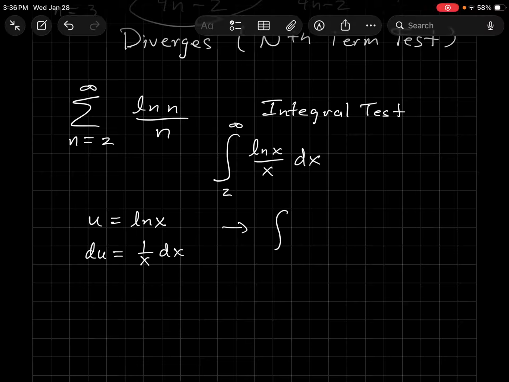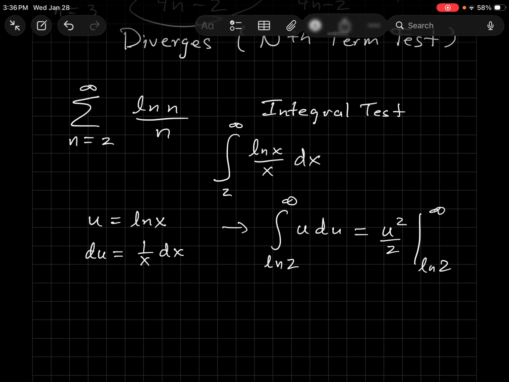And then my integral will be u du, from, I guess, the natural log of 2. If x is 2, u is the natural log of 2. If x is infinity, u is the natural log of infinity, which is still infinity. And then I would get u squared over 2 from the natural log of 2 to infinity, which of course goes to infinity, which means this series diverges.